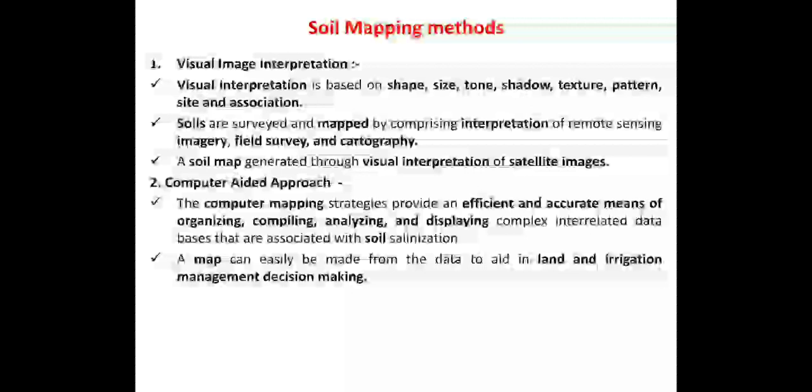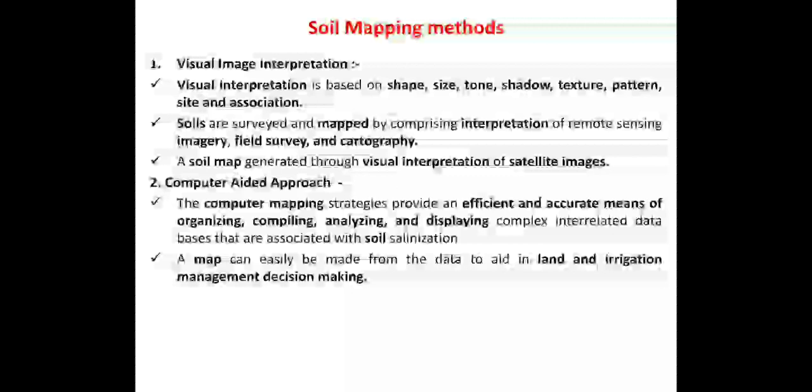The data are converted into maps. The maps are designed, then map preparation, map modification or changes, and finally marketing or sharing of the maps are the concepts of cartography, which are mainly used for visual image interpretation needed for soil mapping.